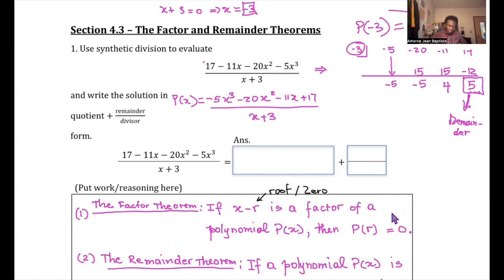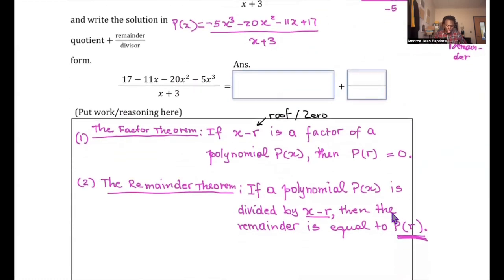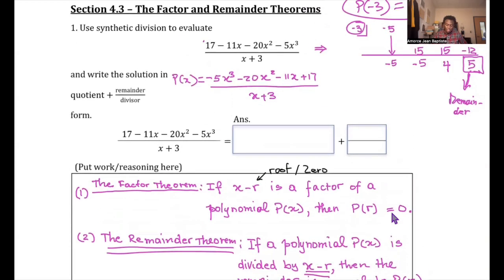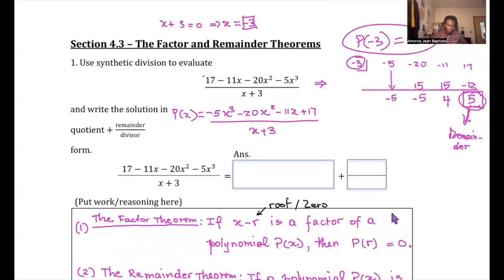So that's what the remainder theorem is saying. When you divide by x minus r, here r being -3, you get a remainder, and it is equal to the output of P at the value in the box, the value you get when you set x minus r equals 0.